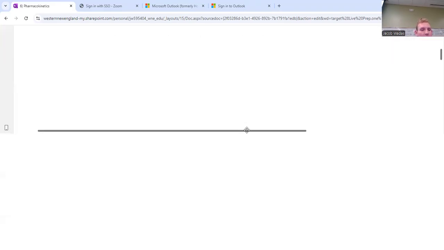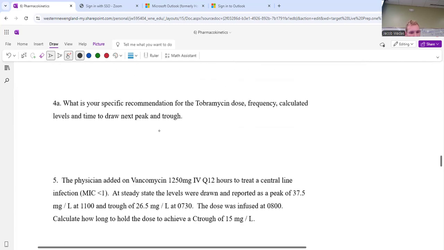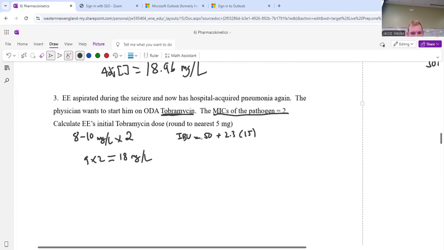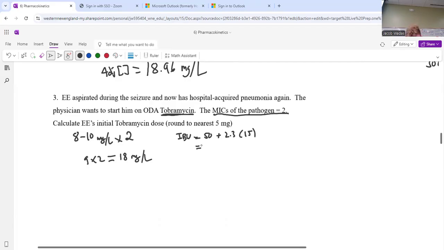Ideal body weight will equal, let's see here, 84.5.